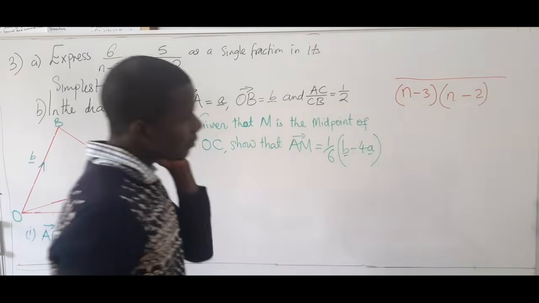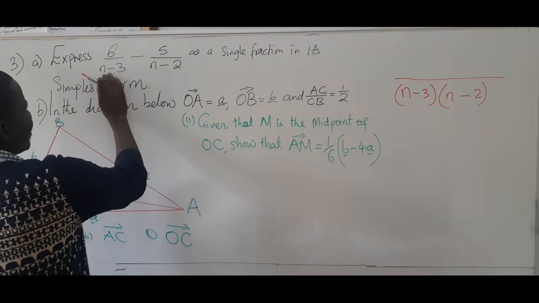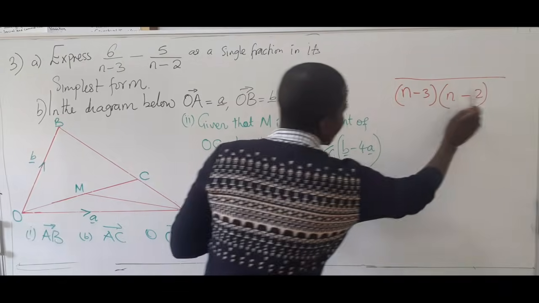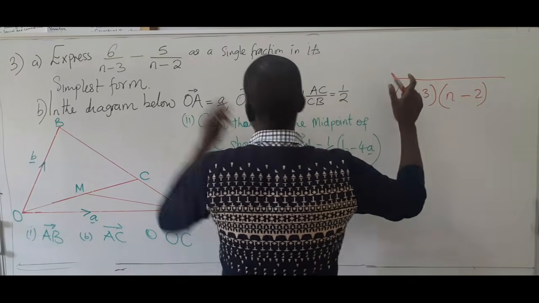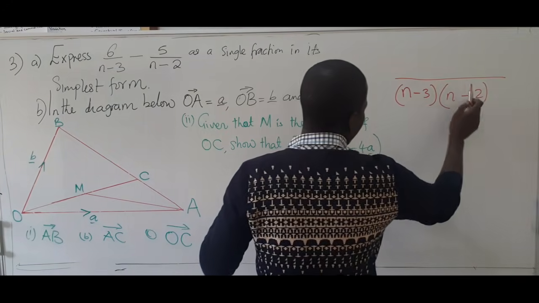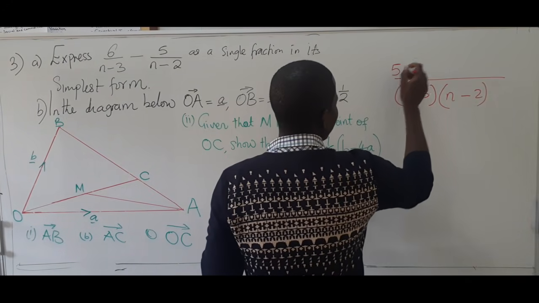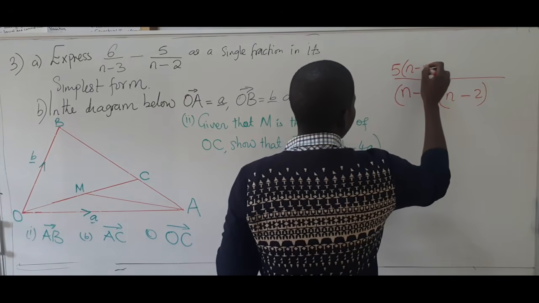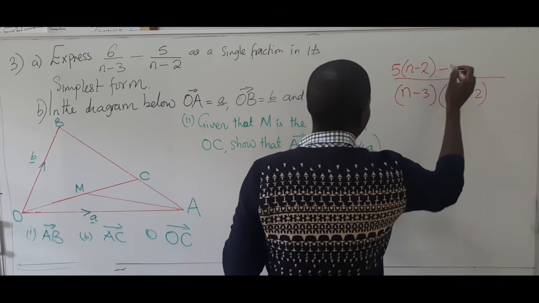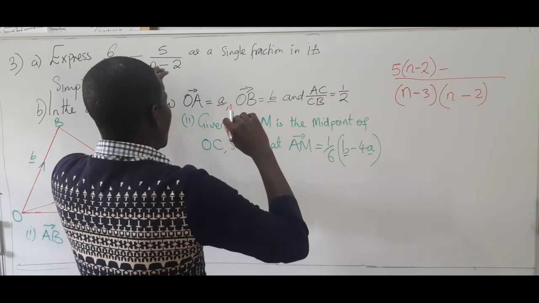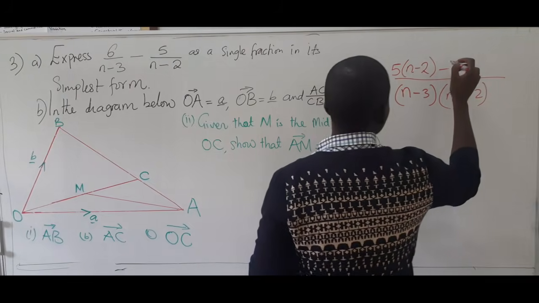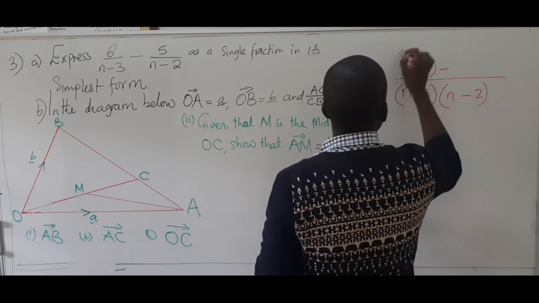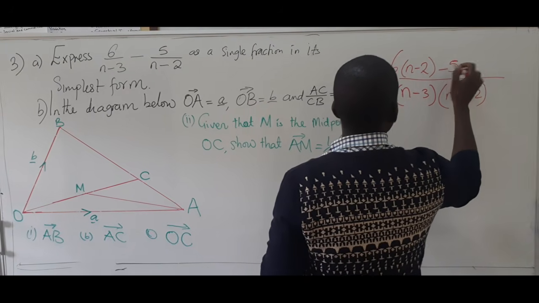Then when you divide n minus 3 into this expression, this one will cancel with this one, so we remain with n minus 2. So we say 5 multiplied by n minus 2 minus the same thing this side. Oh, this is supposed to be 6 here, and this will be 5.